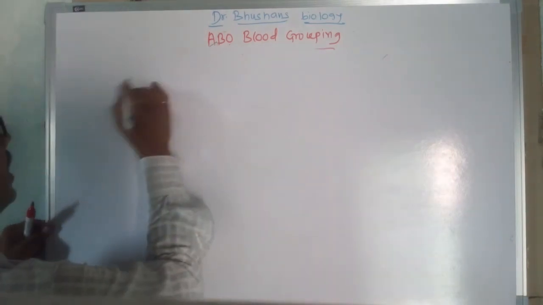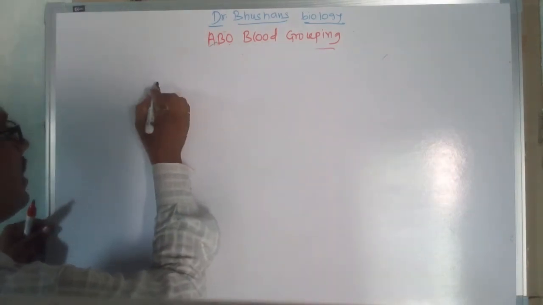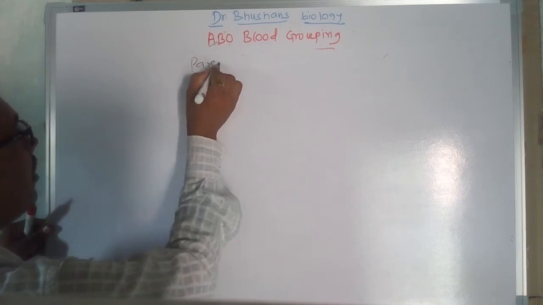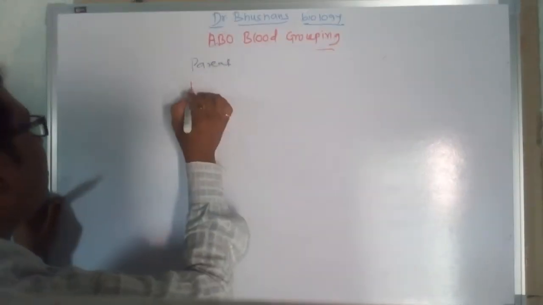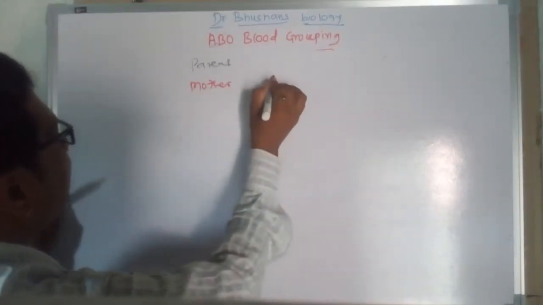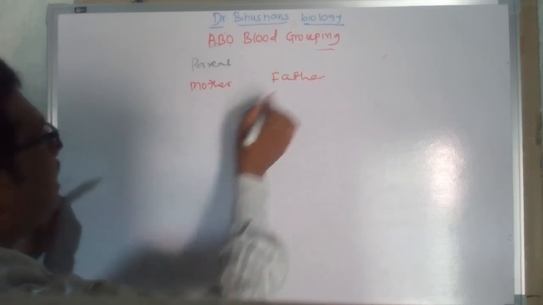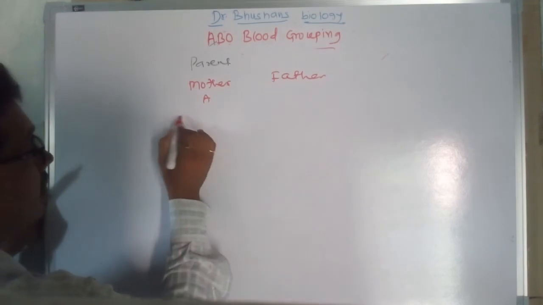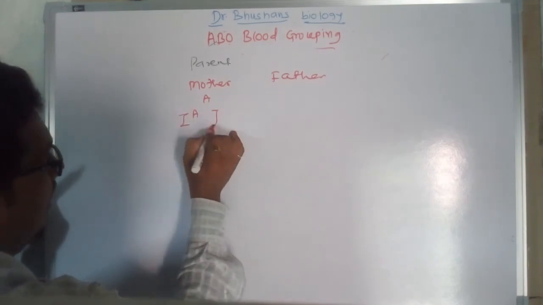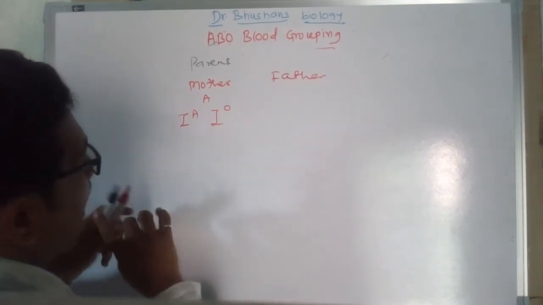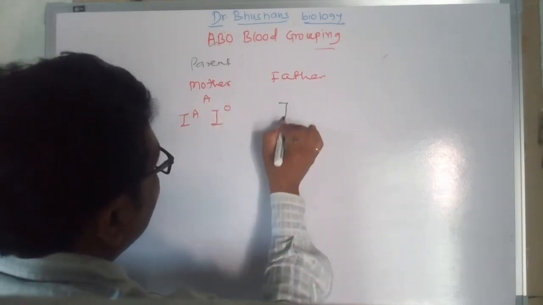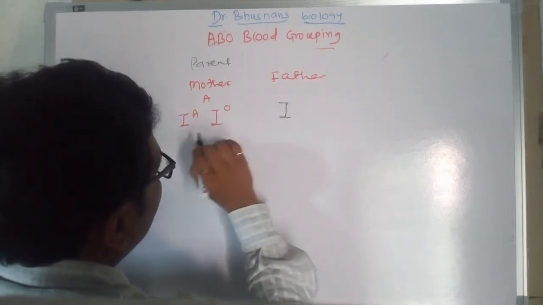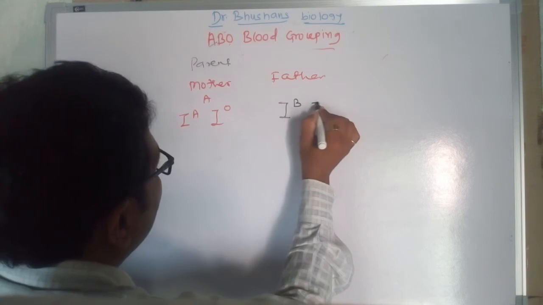Let's take parents, mother and father, with heterozygous condition. The mother is heterozygous A blood group, and the father is heterozygous B blood group.